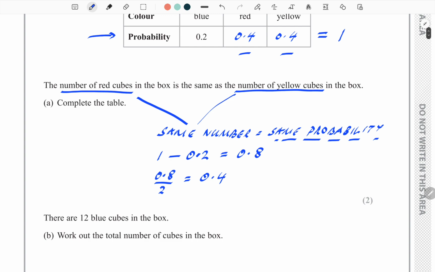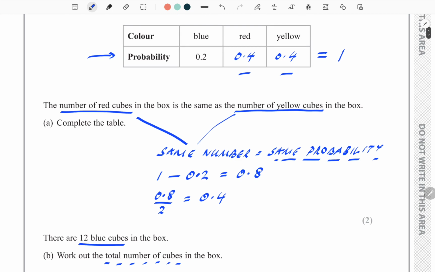Now they're saying that you've got 12 blue cubes in the box, and work out the total number of cubes. We know from the information in that table that if blue has a probability of 0.2 and red has 0.4, then the number of red cubes must be double the blue.